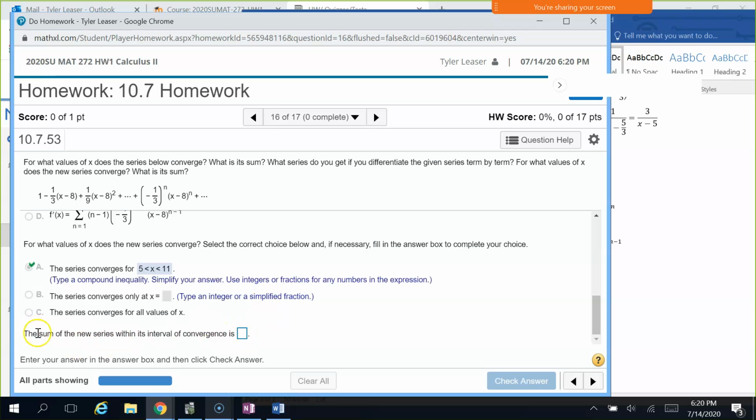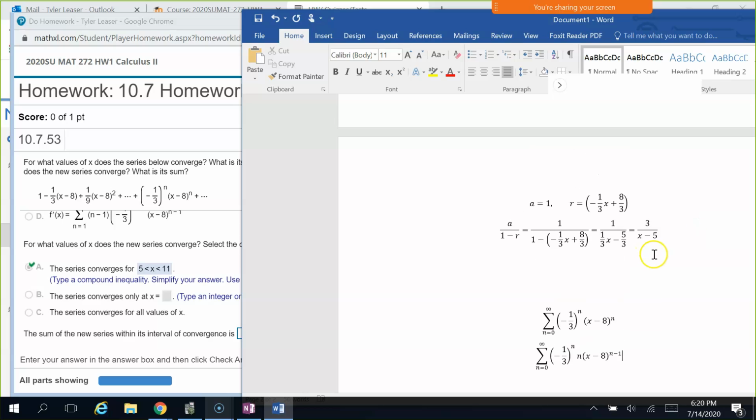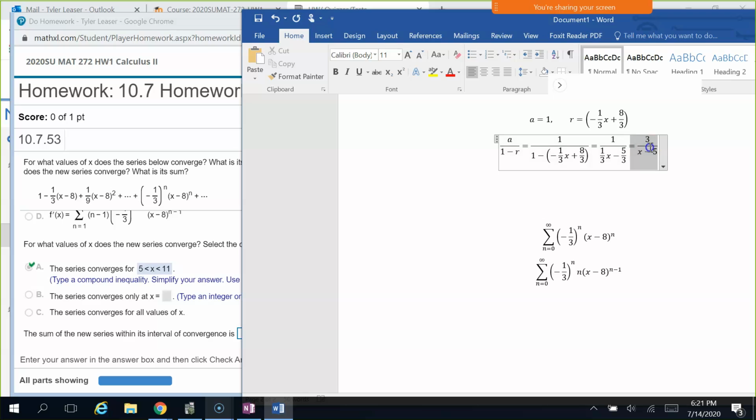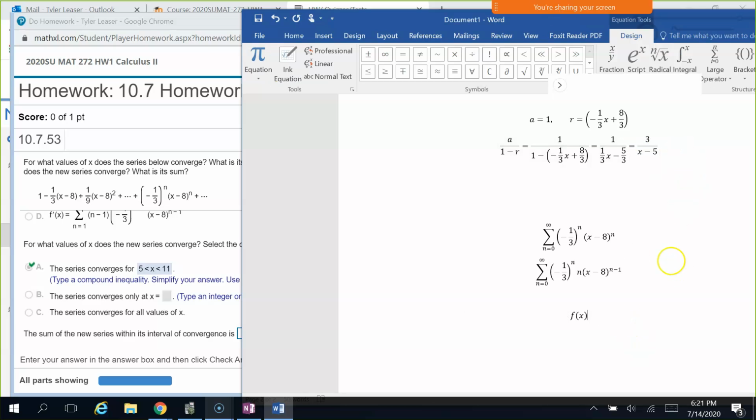The next question, what is the sum of this new series? Remember that the sum of the original series was 3 over x minus 5? And then we just took the derivative of the power series representing 3 over x minus 5. This is going to approach the derivative of the original sum. So we'll just take the derivative of 3 over x minus 5.